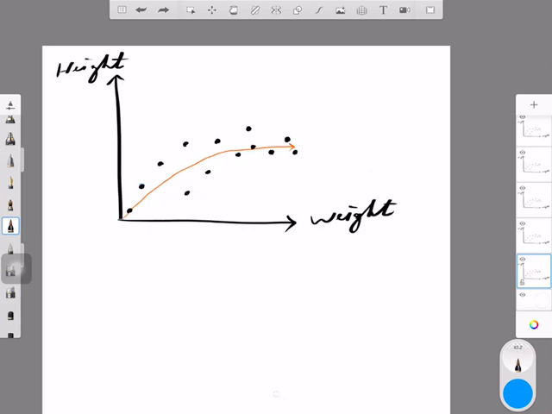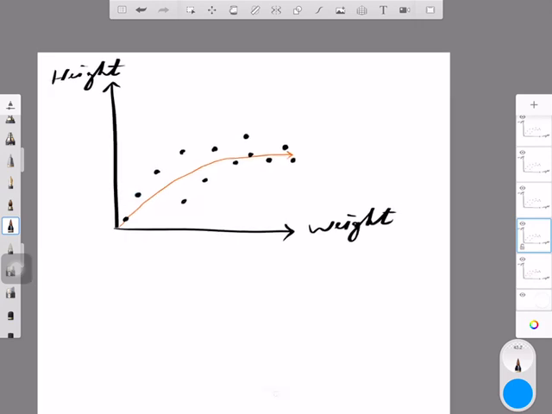The first thing I'm going to do: in the previous lesson, we know that the first step is to split the data into two sets, one for training the machine learning algorithm and one for testing. I'm going to use a different color here.